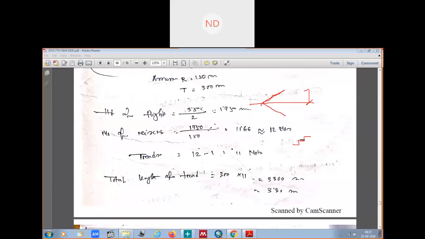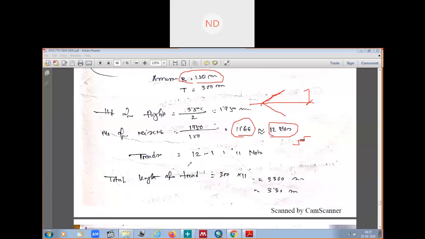The total height of the flight divided by the riser, which was 150 mm, gives the number of risers. So we got 11.6, which is not possible for 11 and a half steps. So we take it to be 12, and you should remember that the number of risers is generally restricted to 12.